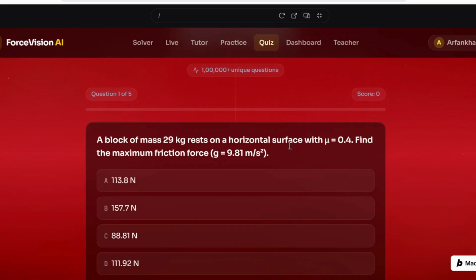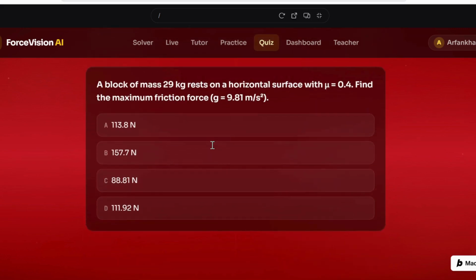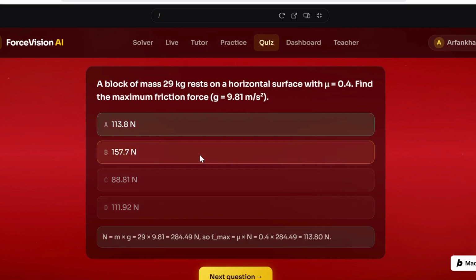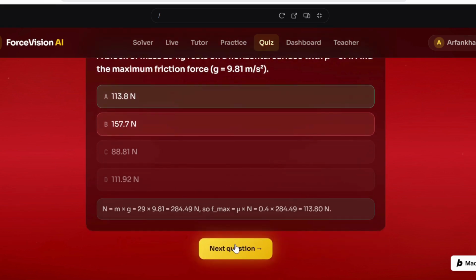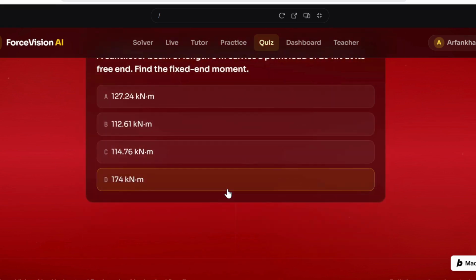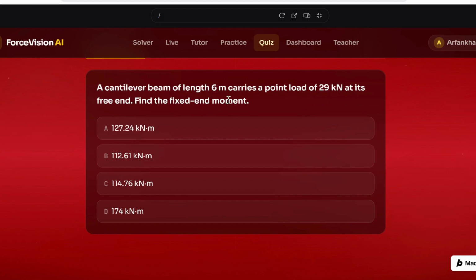A block of mass resting on a horizontal surface with mu equal to 0.4, find the maximum friction force. And in this problem, we can take g equal to 9.81, and the answer is 113.8 N. The cantilever beam of length 6 m carries a point load of 29 kN at its free end.